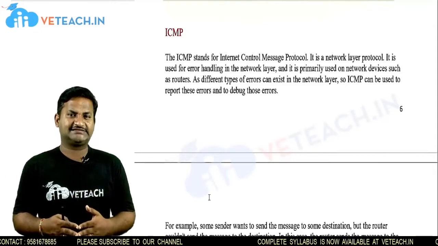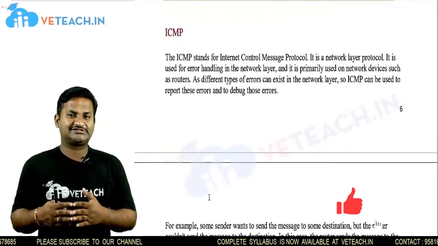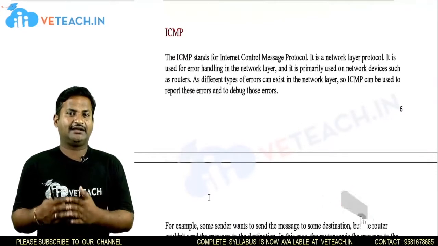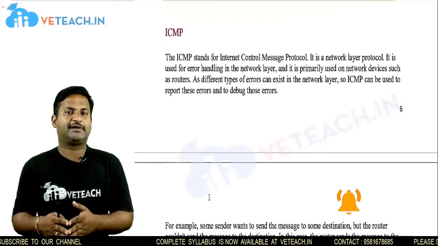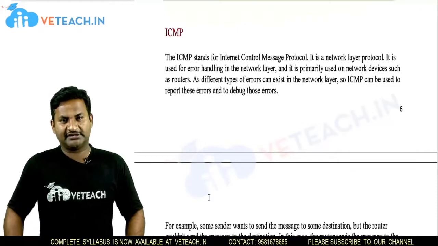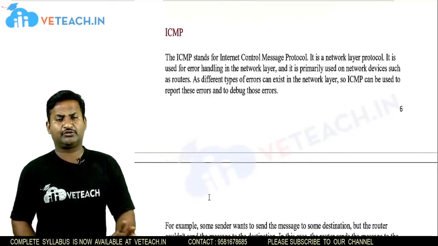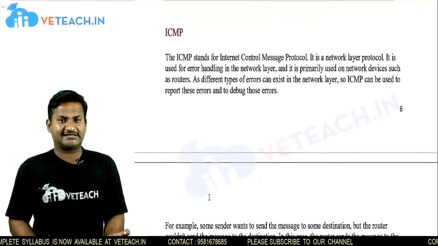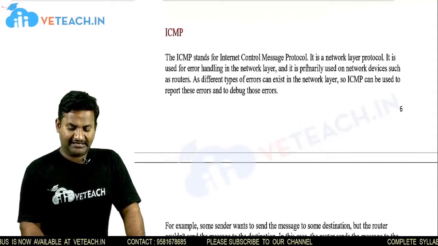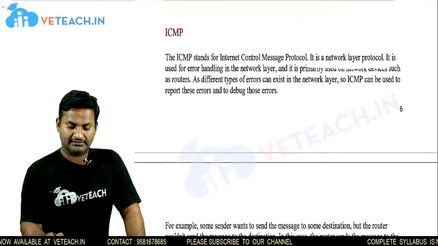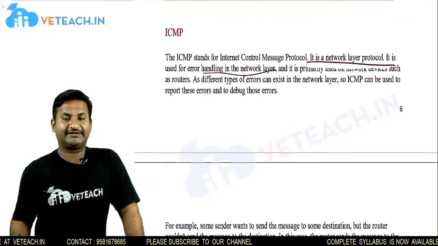ICMP identifies the basic problem, the cause of why the message was not delivered, and finds another routing path for successful transmission. ARP and DHCP are completely different from ICMP. Simply put, ICMP is a network layer protocol used for error handling in the network layer.